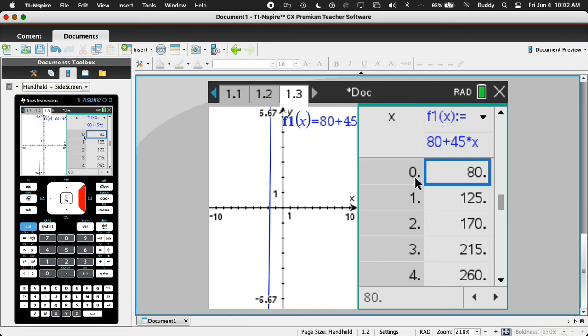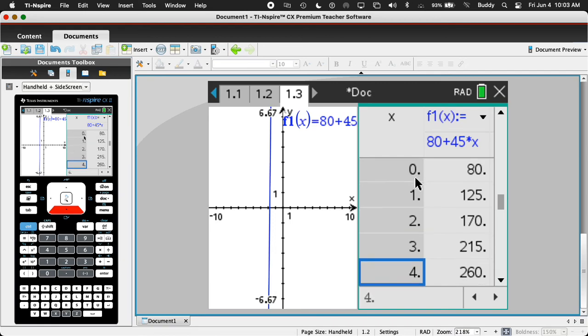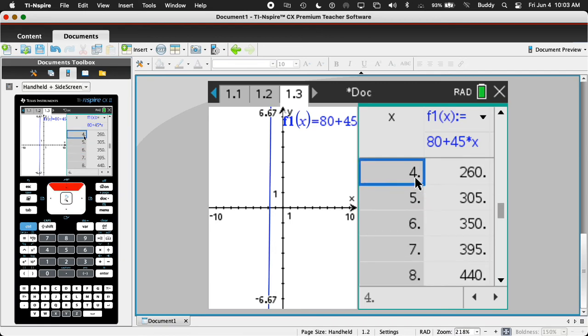So if he works 0 hours, he's going to get that $80 just for showing up. 1 hour is $125. 2 hours, $170. 3 hours, $215. 4 hours, $260. 5 hours, $305. 6 hours at $350, 7 hours at $395, 8 hours at $440.